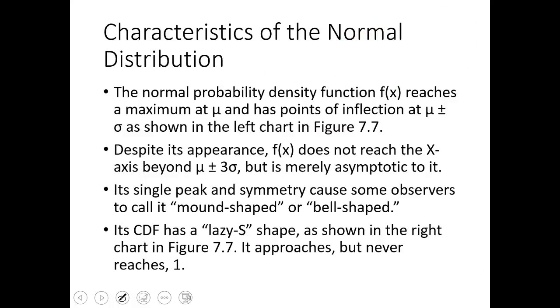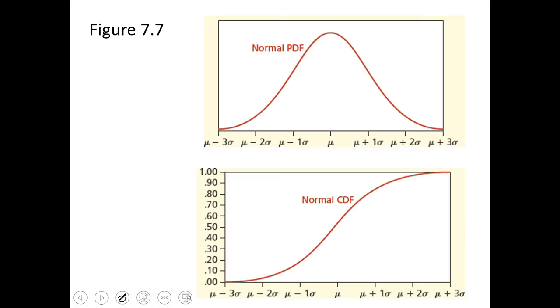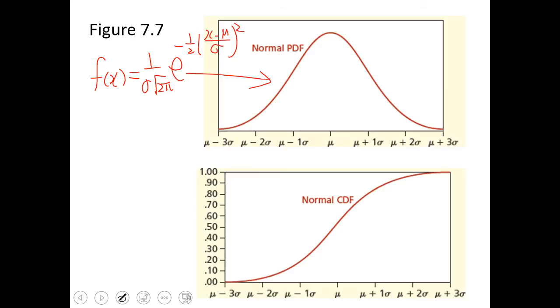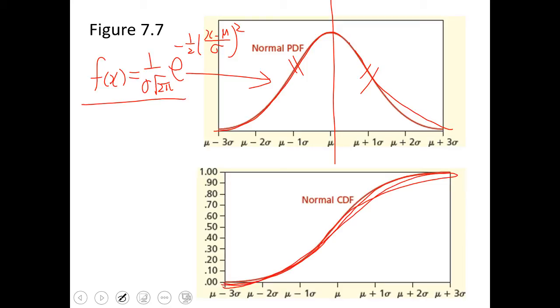The probability density function, 1 over sigma square root 2 pi e to the minus 1 over 2 (x minus mu over sigma) squared, looks like this bell shape and is symmetric. And the cumulative distribution function has a lazy S shape.